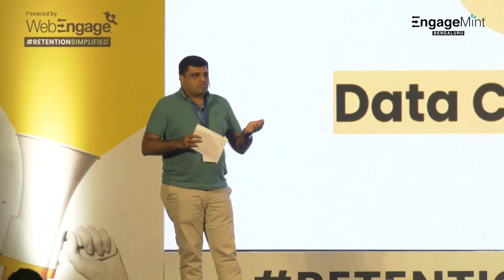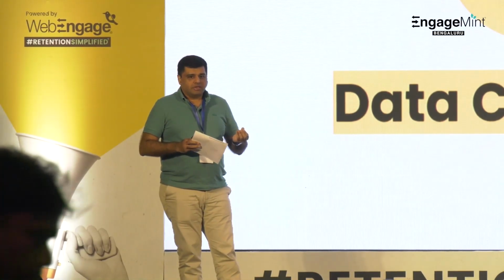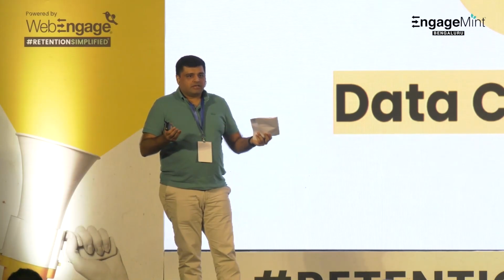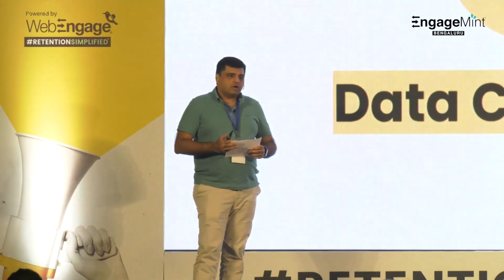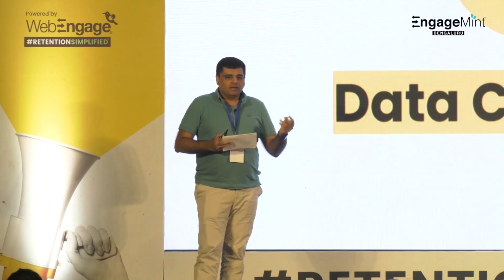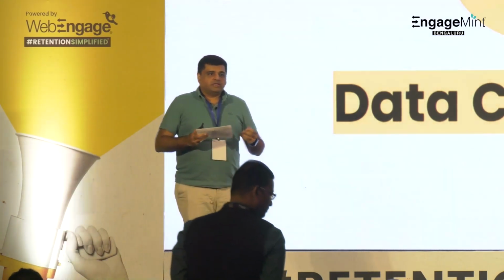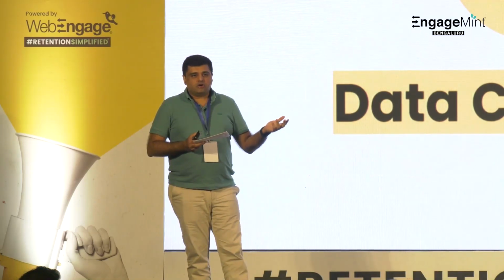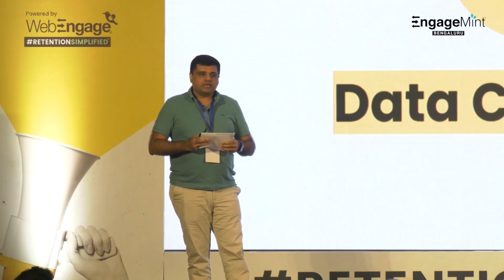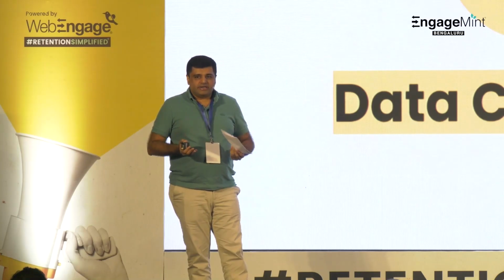Apart from that, there are many basic things that we miss. For example, let's say you're running an e-commerce website and you are not passing the product details or the order details properly. Someone visits your product description page and you don't even know what product it is.